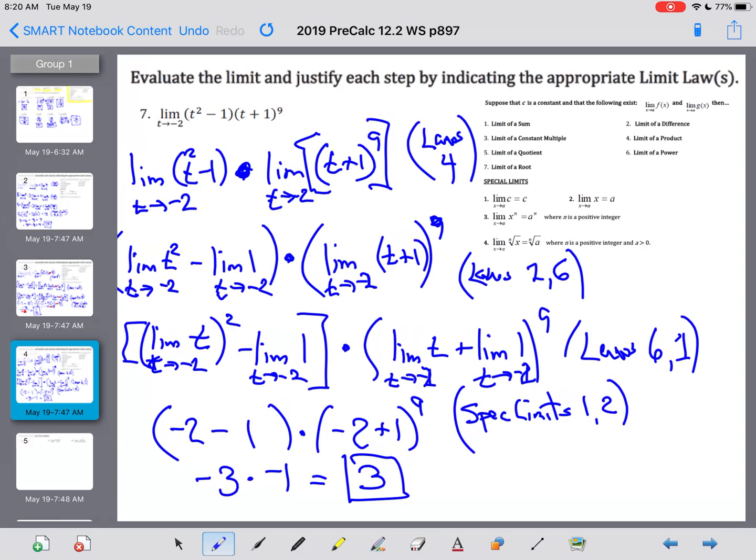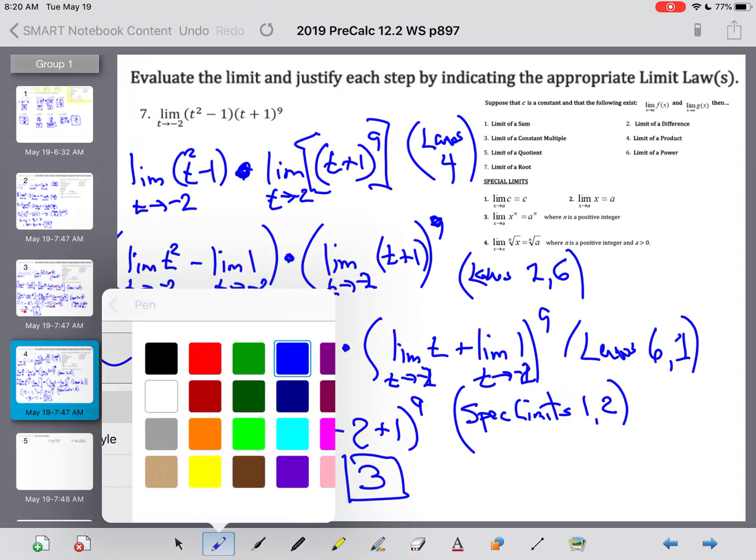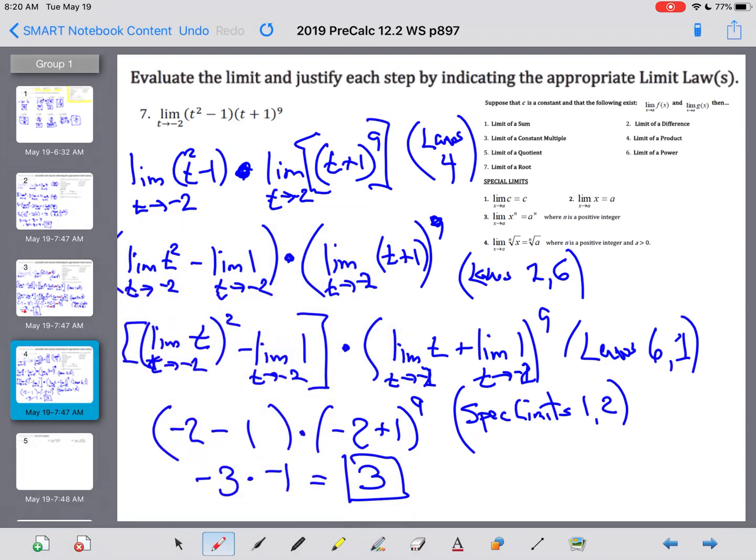And over here, oh, I forgot the squaring here. Sorry about this. So this was squared. So this comes out to be positive 3. So I end up with negative 3. Okay, so yeah, I forgot that squaring here.